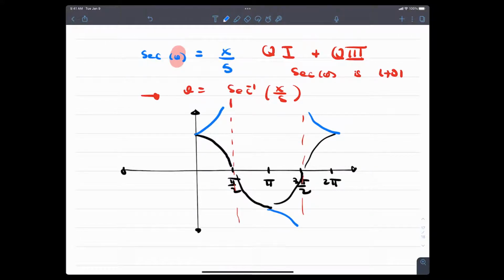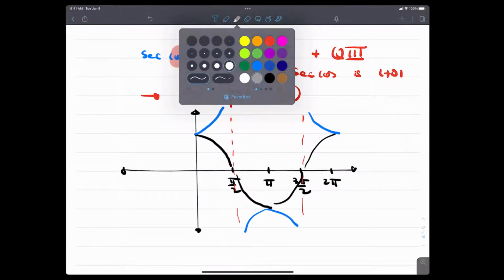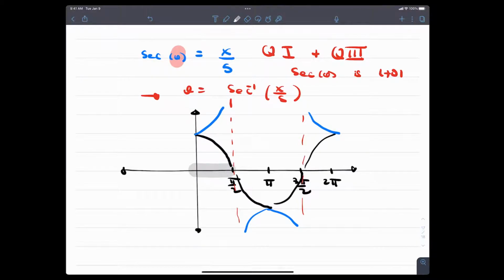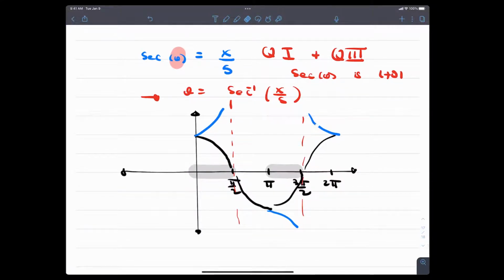That is true. Let me see. Everything I'm doing is true. However, what do they restrict the domain to, if you guys remember? Quadrant 1. Quadrant what? Here. So in other words, this is gone and this is gone. So sure enough, secant's 1 to 1. All right, you guys know what I'm saying?